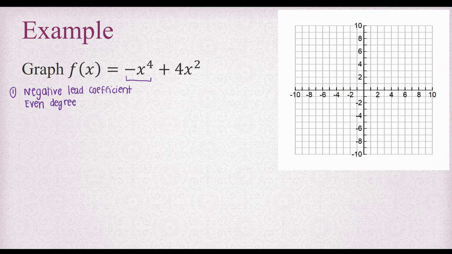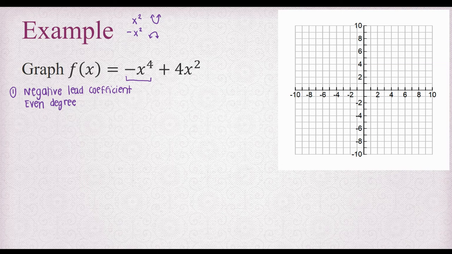Anytime I have an even degree, that tells me that my graph is going to be heading in the same direction on both sides. Think about our very basic x squared term, we've been graphing quadratics for quite a while. Remember, a quadratic is a U, they're going in the same direction. Had we had a reflection, then it'd be pointing down, but it's still going in the same direction. That's because it was an even degree.